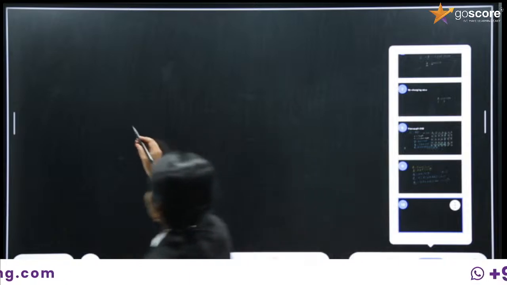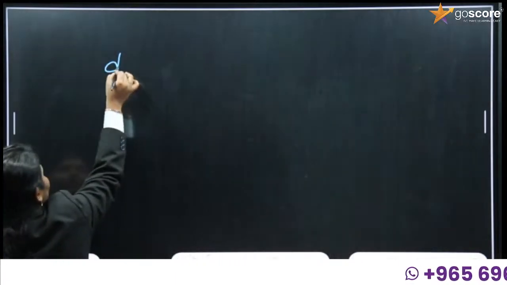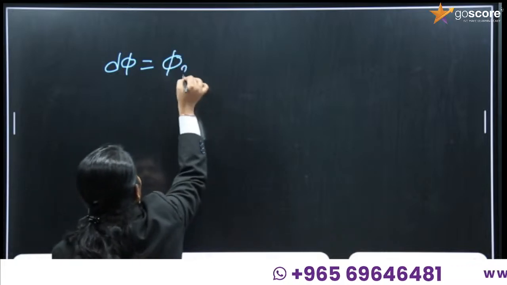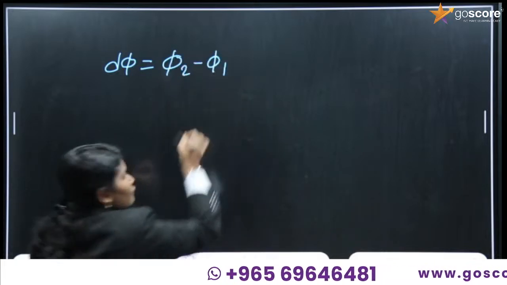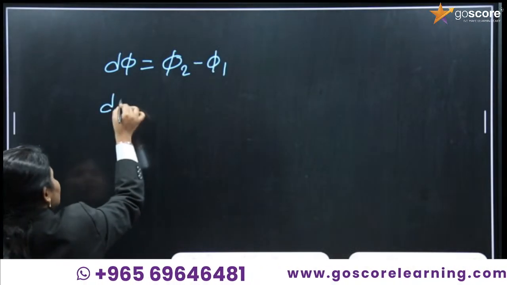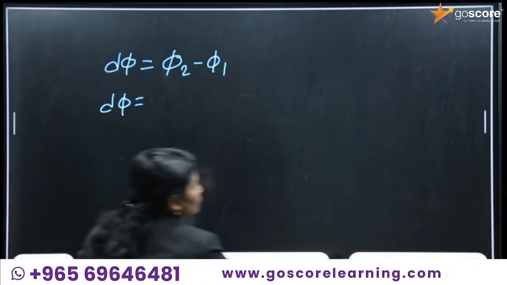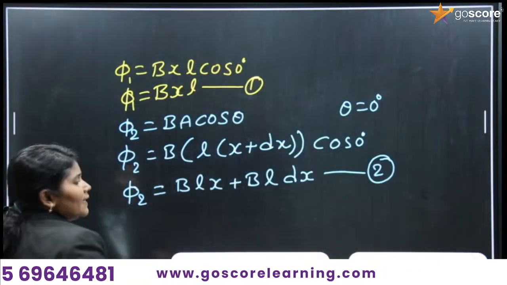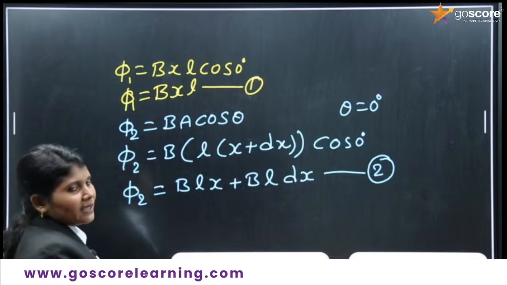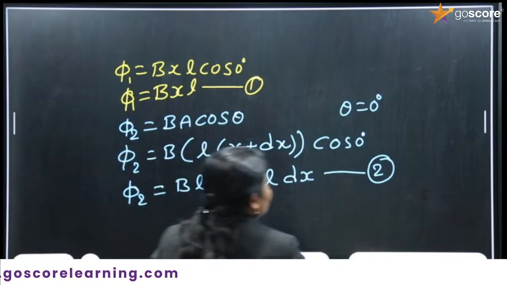Then what is the change in flux? d phi is equal to phi 2 minus phi 1. What is phi 2? BLX plus BLdx. What is phi 1? BXL, or BLX.